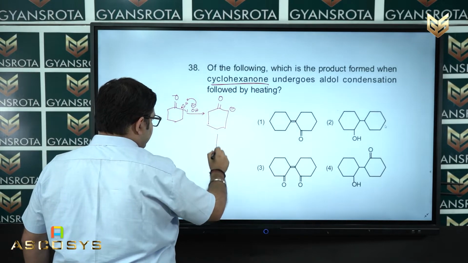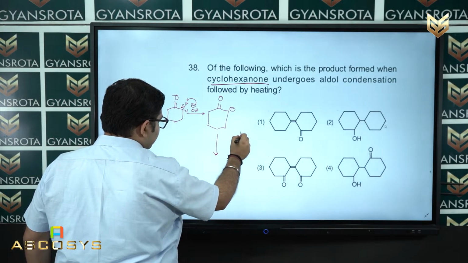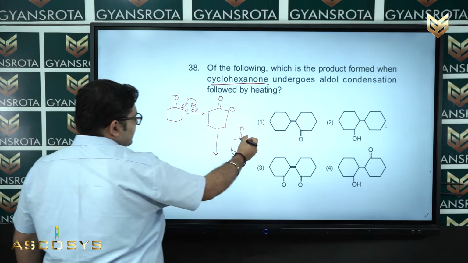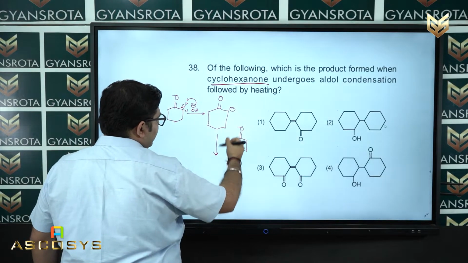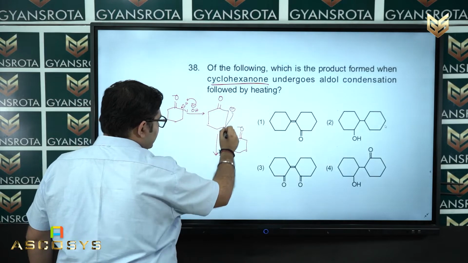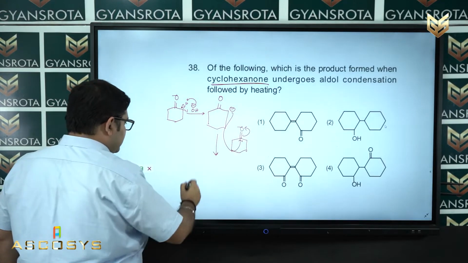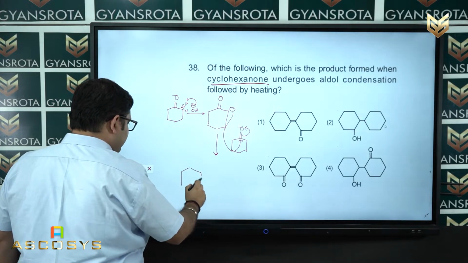Now, this one attacks another cyclohexanone. If you see, this carbon is an electrophile and this acts as a nucleophile. So, it will come here, attack at this position, and this bond will shift to that side. So, you will get this kind of product.